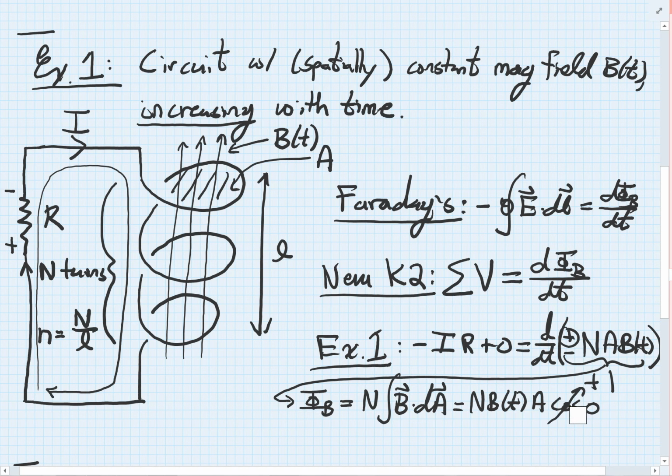If we think carefully about our example here, the direction around which we are threading this loop is such that we're going around this way. As we come into the inductor, we come across to the right in front and to the left and back, and then coming back down around, it's again to the right in front and to the left and back, and then looping back around, right in front and left and back. Now, to carry out that dot product, I need to know the direction not only of B, as I've indicated, but also the direction of dA.